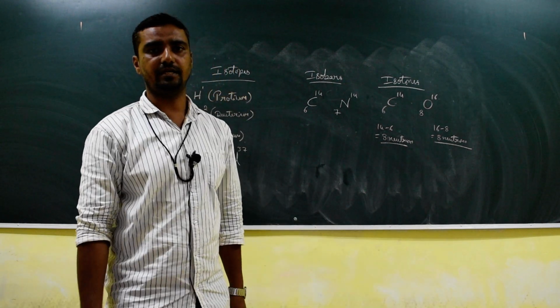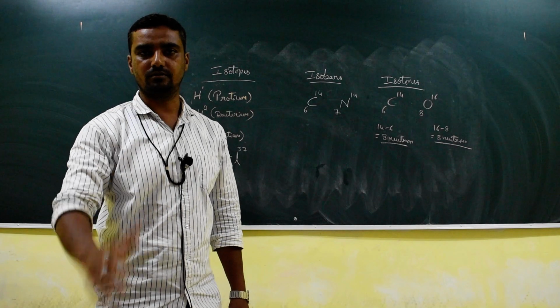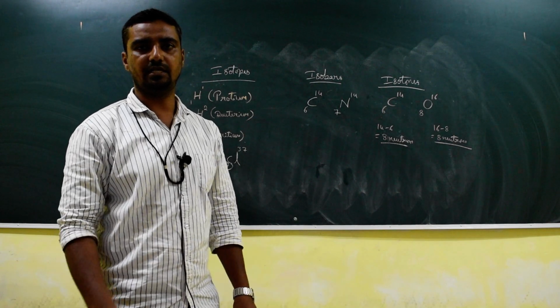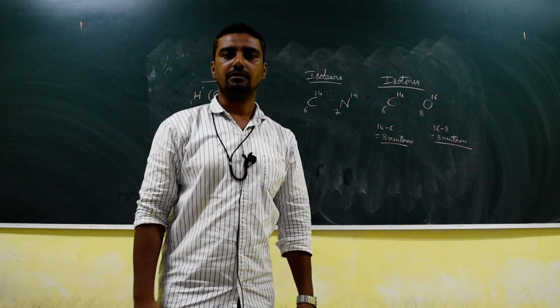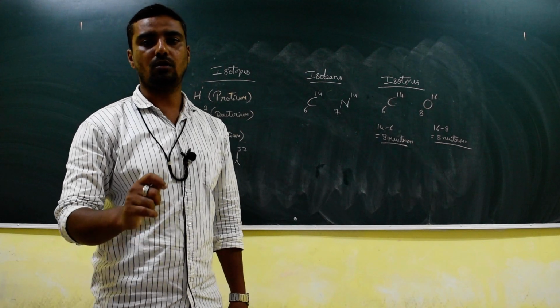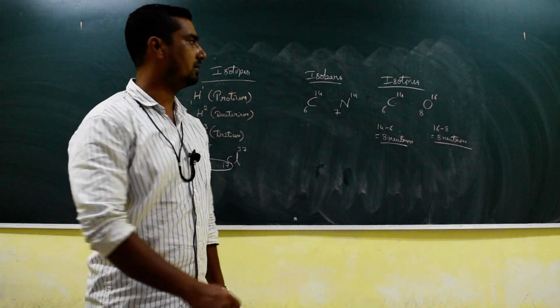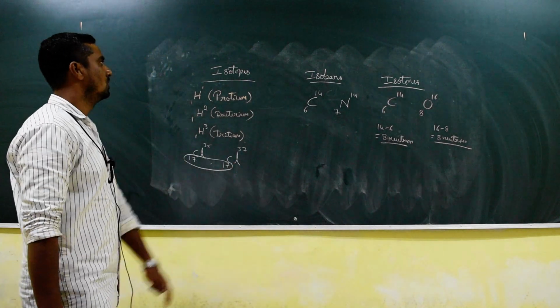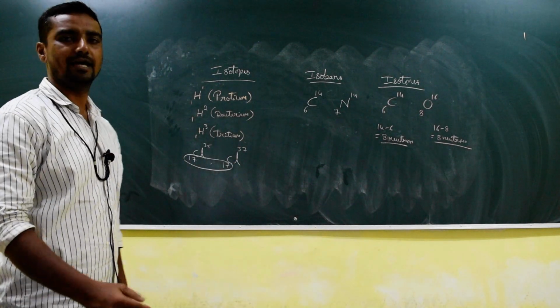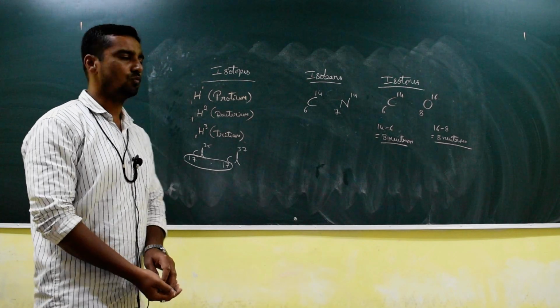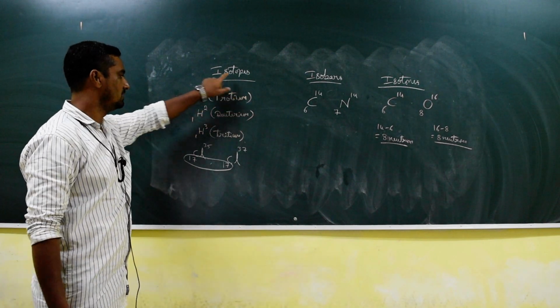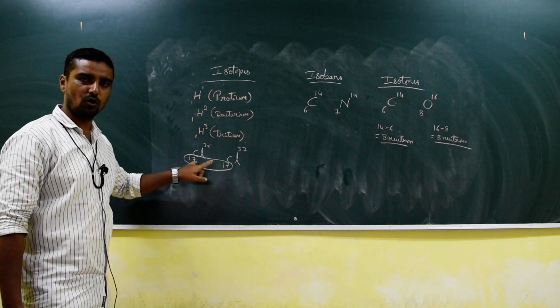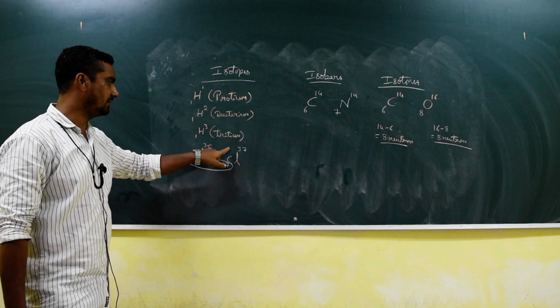The species or atoms which contain the same number of neutrons are called isotones. Right. So this is very important: isotopes, isobars and isotones. What do you mean by isotopes? Isotopes are the species which contain the same atomic number but different mass number.